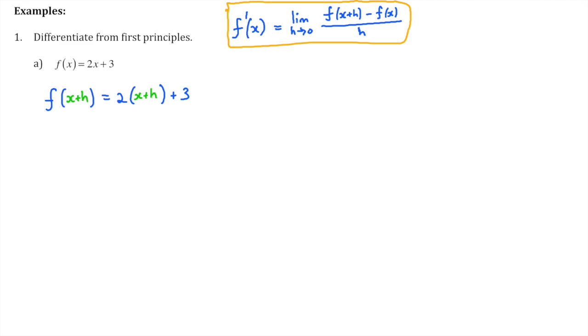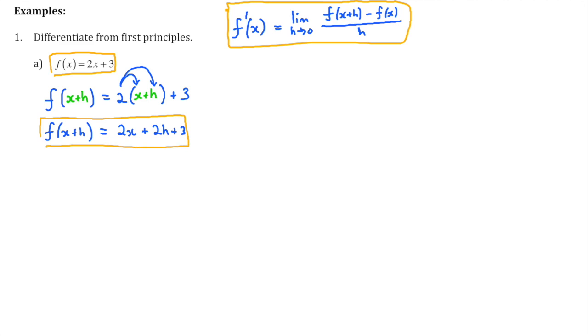X is being replaced with an x plus h, which means f of x plus h equals, now I have to do some expanding of my bracket here, so it's going to be 2 times x, which is 2x, 2 times h, 2h, plus 3. So I pause now. I know what f of x is. I was told that. Question always tells you that. I now know what f of x plus h is.